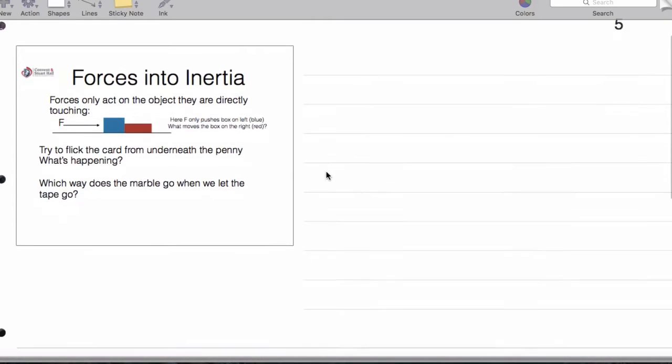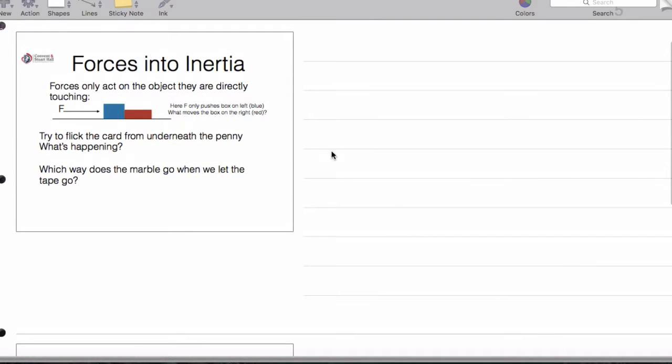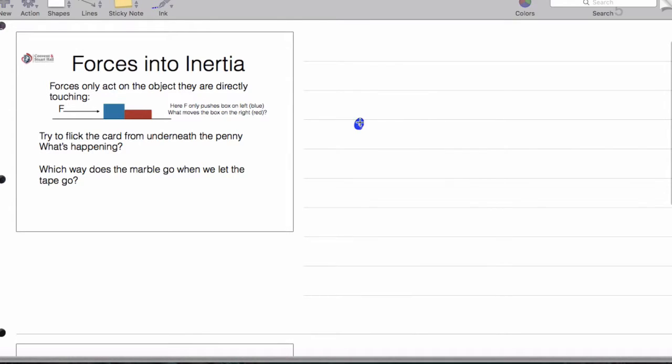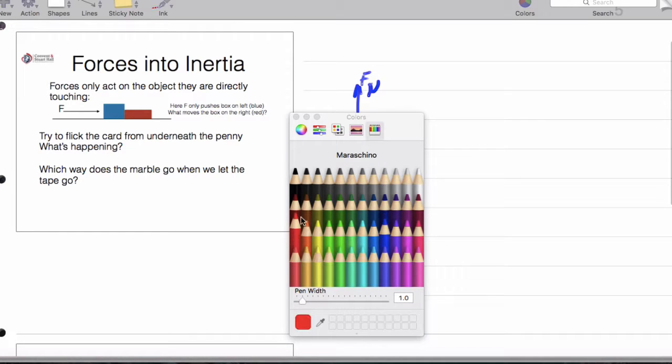From there, we drew a free body diagram for this particular system here. I'm going to review it because it's a good thing to know. We had the normal force on the blue block, the weight of the blue block, and the applied force F. The rule we came up with is that if you push something with a force, that force can only act directly on the object it touches.